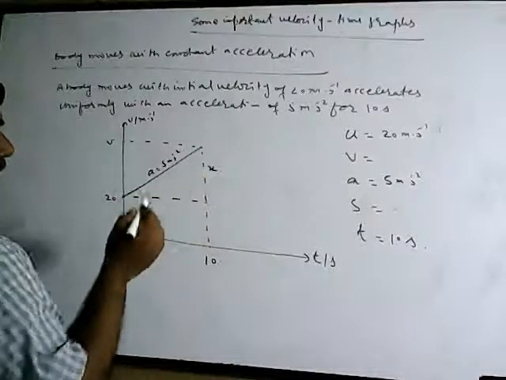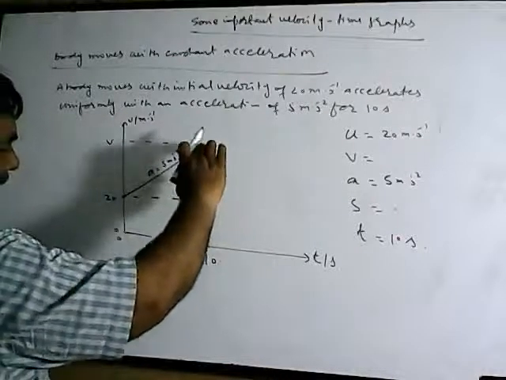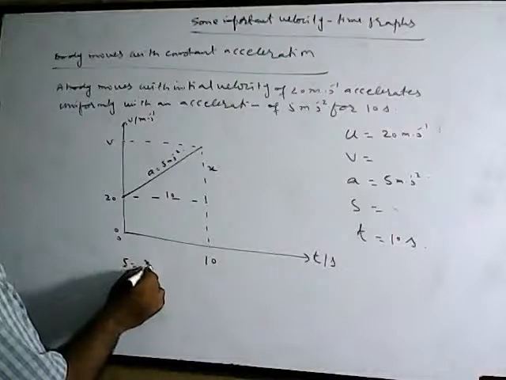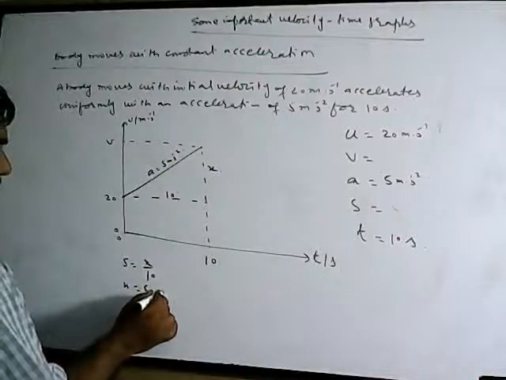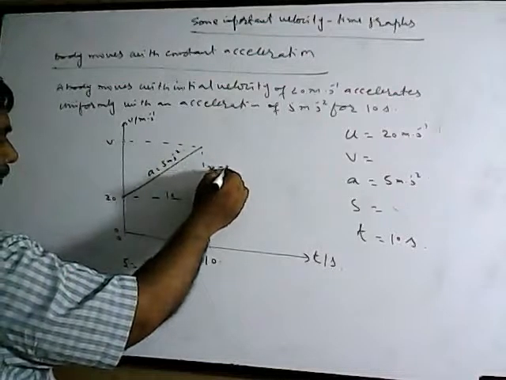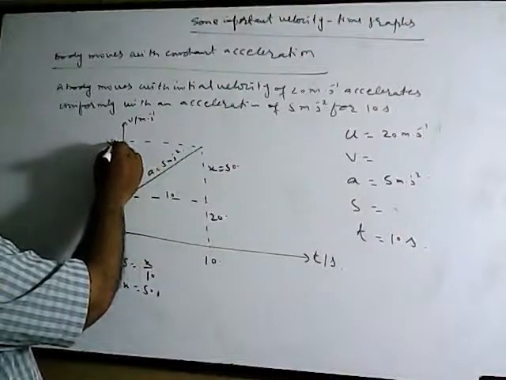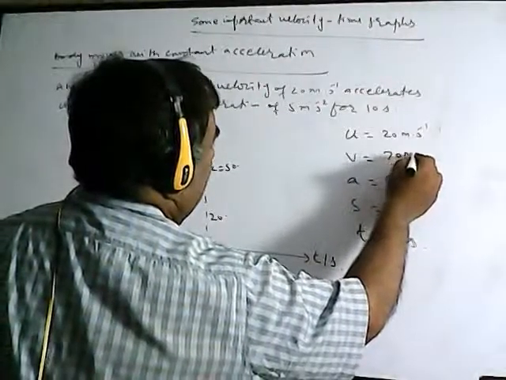If this is x, I can calculate this x. Actually this is 5, this is x, and this is clearly 10. So I can say 5 is equal to x upon 10. So x is how much? 50 meters. So this x is 50. If this is 50, and this is 20, so v must be 70. So v comes out to be 70 meters per second.